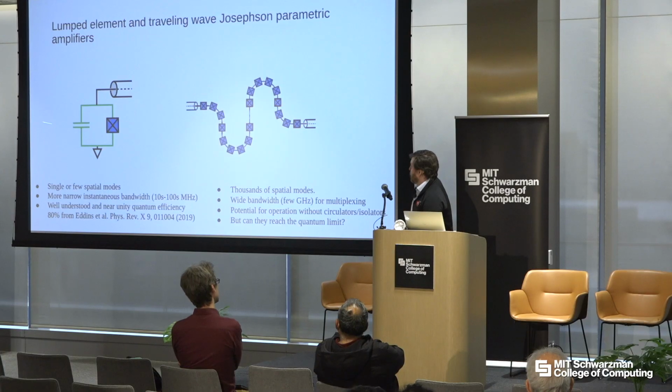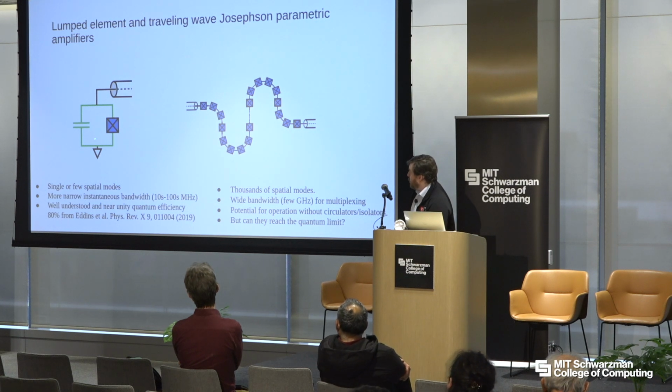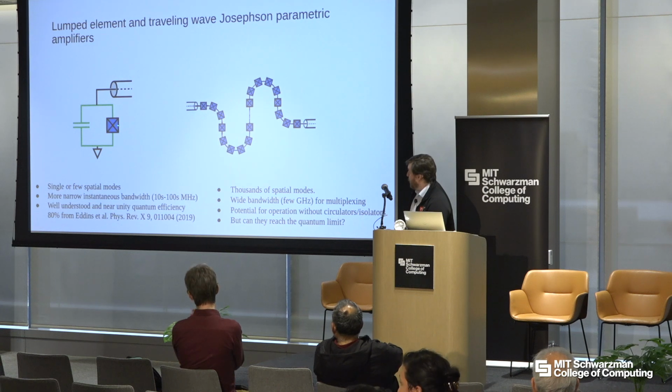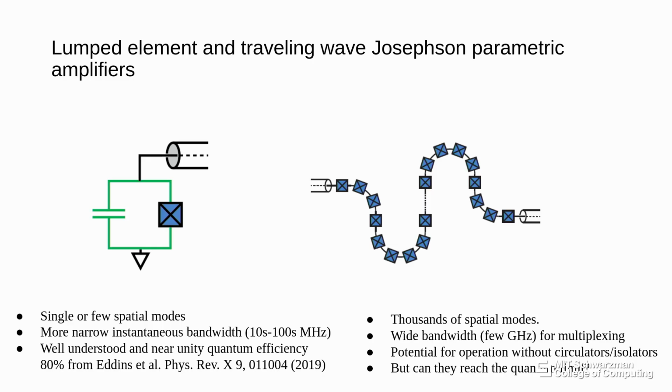But going back to the superconducting circuits, people can make essentially perfect amplifiers using something called a Josephson parametric amplifier, which is the same physical structure as the superconducting qubit, where it has a capacitor in parallel with the nonlinear inductor, and then it's driven by a strong microwave pump. This creates a gain in a relatively narrow tens to hundreds of megahertz bandwidth regime.